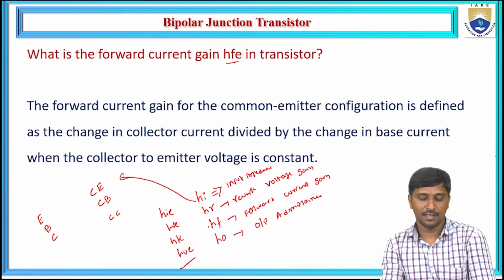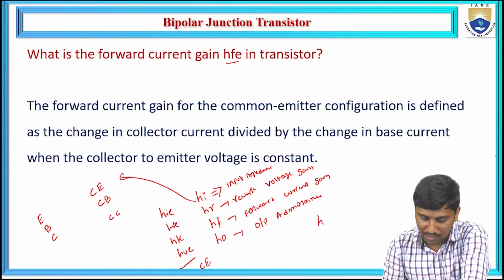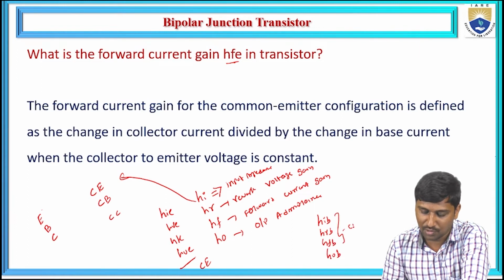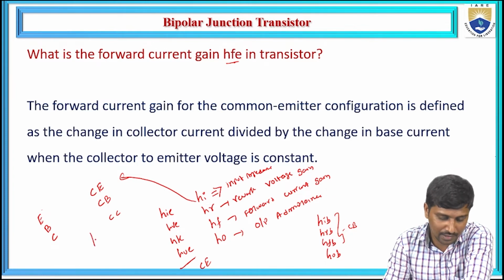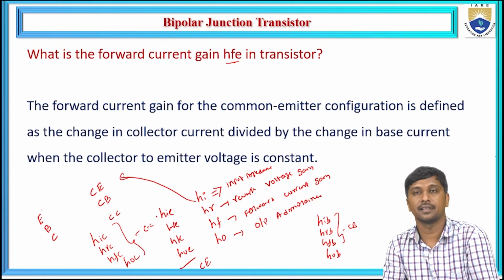For common base, it is represented as HIB, HRB, HFB, and HOB. For common collector, it is represented as HIC, HRC, HFC, and HOC.